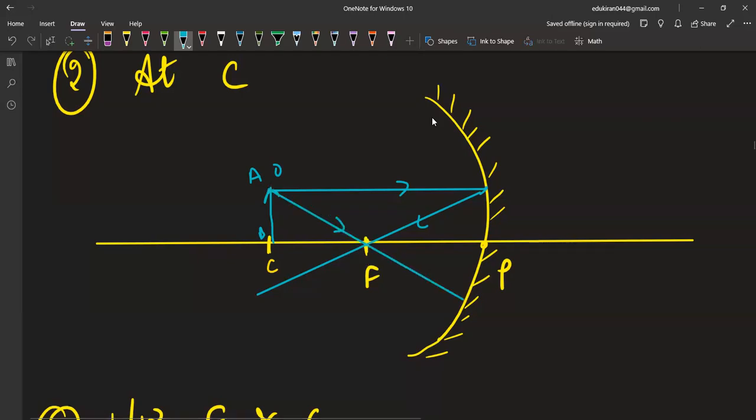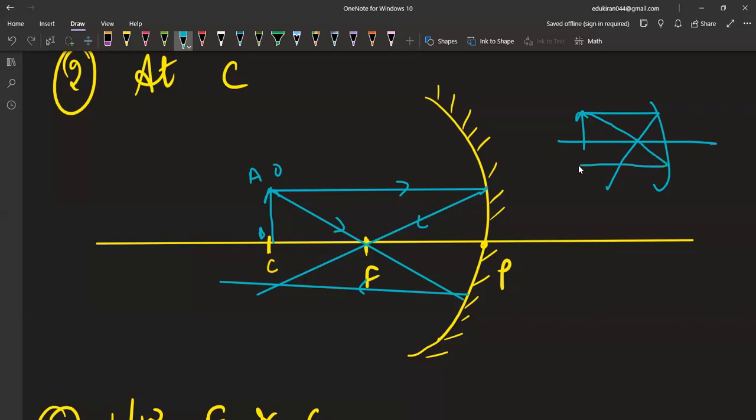If the rays of light are passing through the focus, they become parallel and go back to infinity. See, these are the two rules we are seeing. In the first one, light rays parallel to the principal axis pass through the focus. Second one, passing through the focus, becoming parallel to the principal axis. This is the case. Clear?